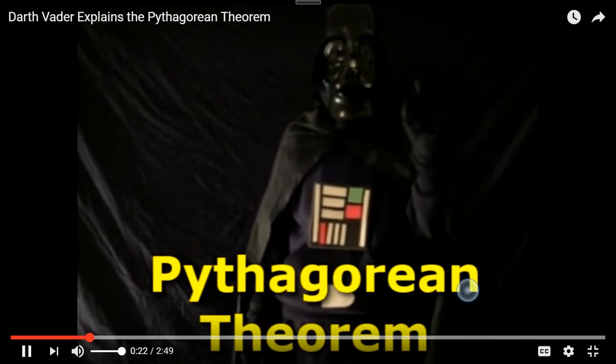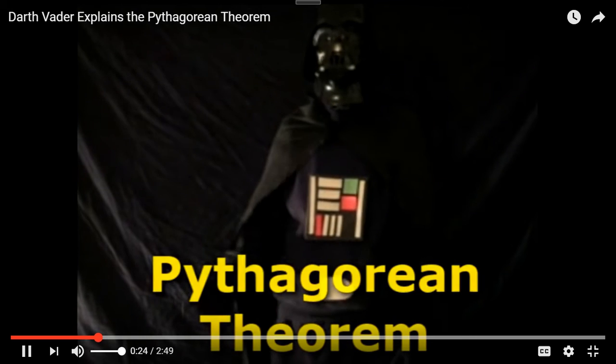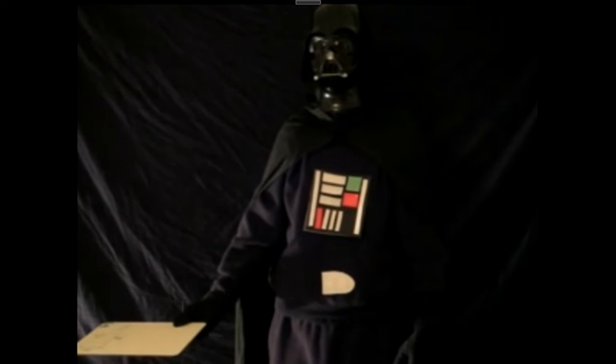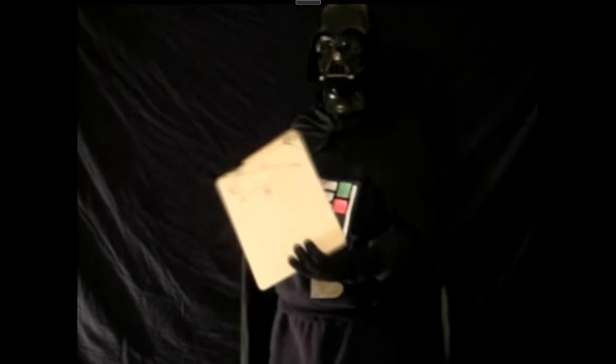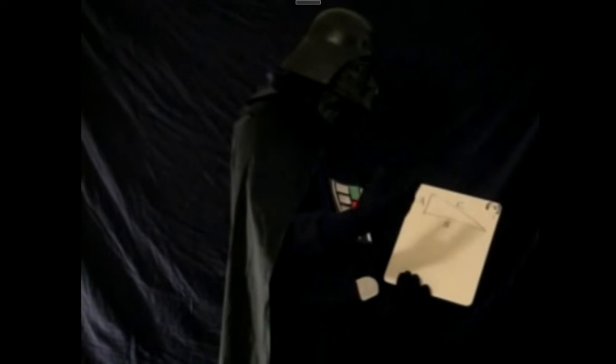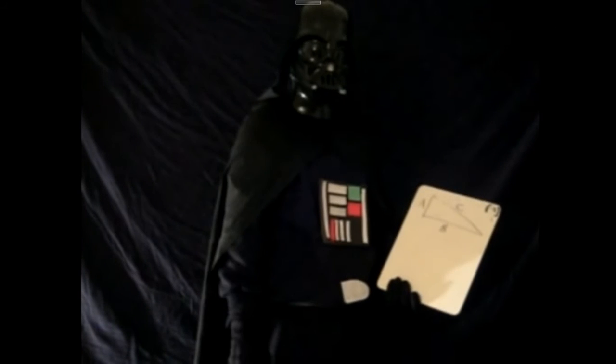Good morning, class. Today I will be teaching you the Pythagorean Theorem. It is your destiny. We begin with a simple right triangle. If we know the lengths of sides A and B, we can calculate the length of side C, the hypotenuse. The hypotenuse is the long side of the right triangle. But I prefer to think of it as the dark side. Don't underestimate the dark side of the triangle.